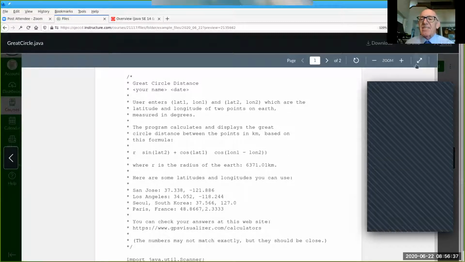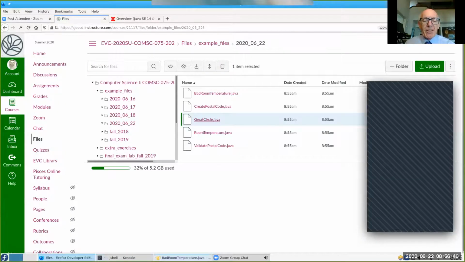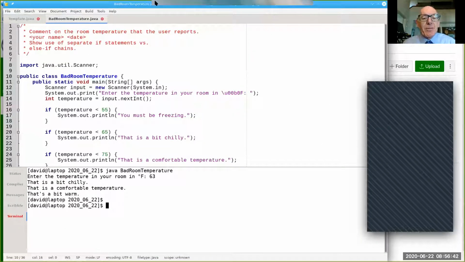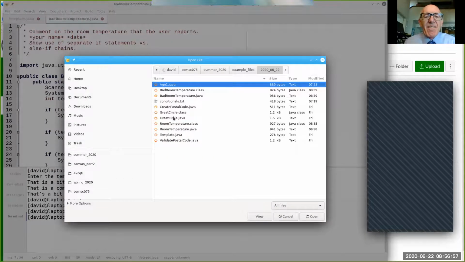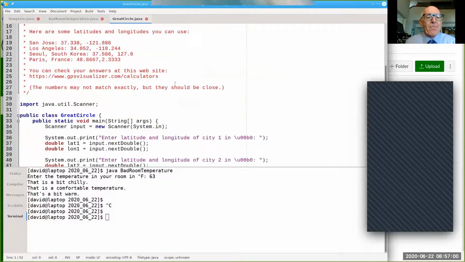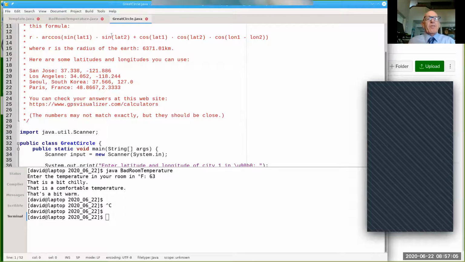Well, okay. Hold on. Let me open up the file here. It'll be easier if I open it up from a correct place. So it's r times the arc cosine of sine of latitude 1 times sine latitude 2, this whole formula here, and r is the radius of the Earth.